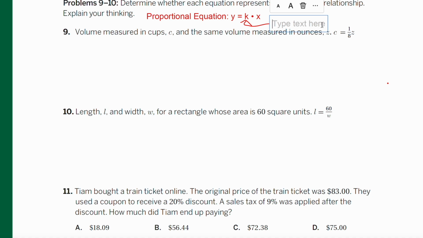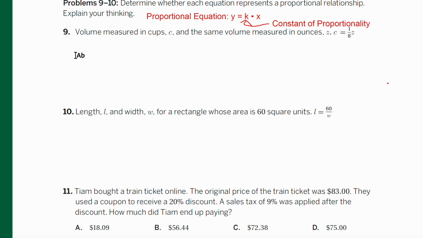We also call it at one point the scale factor. So when I'm looking at these equations, in order for them to be proportional, they should match this same format, y equals k times x, or some variable equals a number times another variable. Now let's look at the first one.